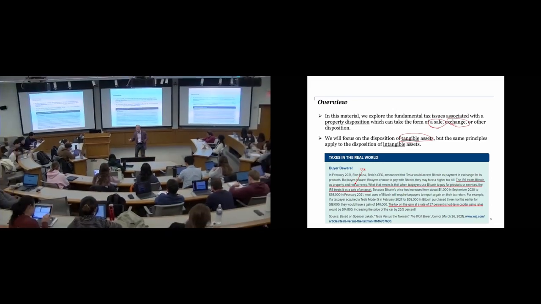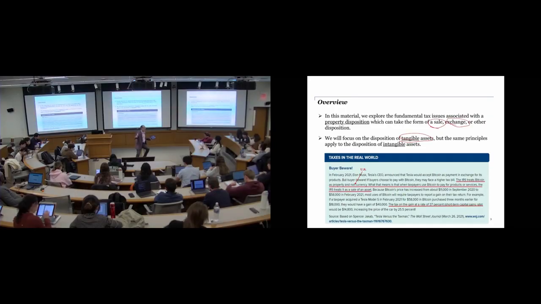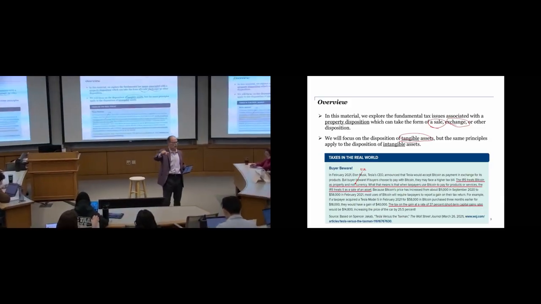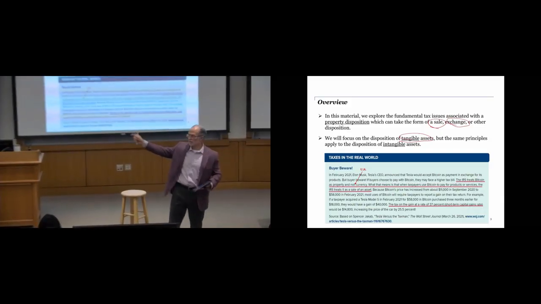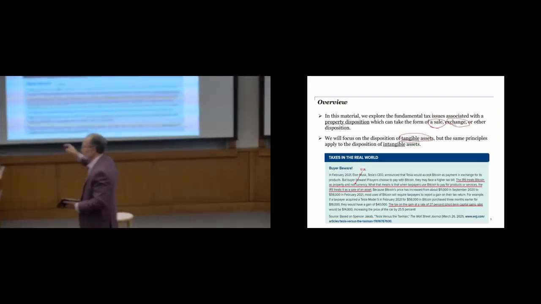Since then, lots of companies have announced that they would accept cryptocurrency as payment. Completely fine, that's a business decision. The IRS treats Bitcoin as property and not U.S. currency. I put U.S. in there because it can't be just currency, because there are other denominations in the world, and they are also property.